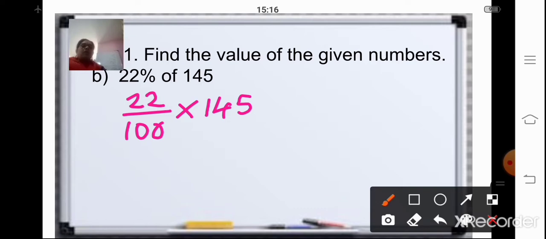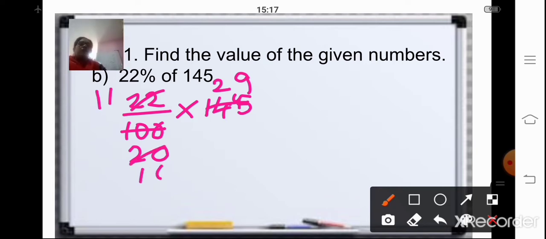Now here, 145 and 100 are divisible by 5. 5 2s are 10. 4 carry over here. 5 9s are 45. 5 2s are 10 here and 0 here. Again 20 and 22 are divisible by 2. 2 11s are 22. 2 10s are 20.